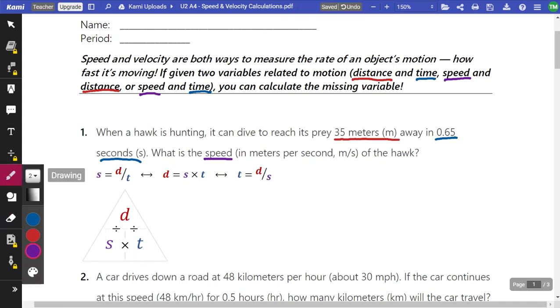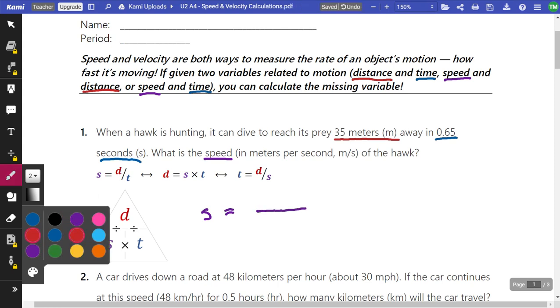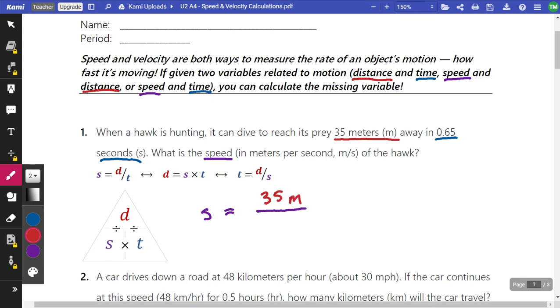So let's do that. Whichever method you use to get the right equation, the speed is going to be equal to our distance divided by our time. So distance on top. Our distance is 35 meters. Our time is 0.65 seconds.